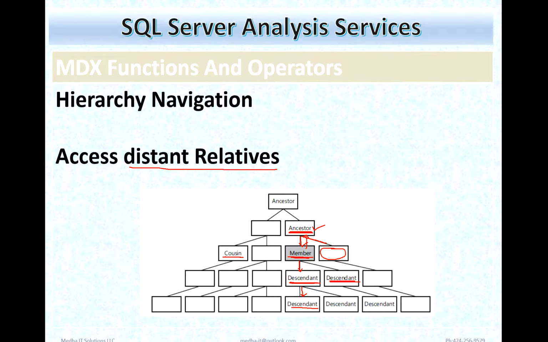But in this case, this member is not a direct child of this ancestor or this parent. So, this parent's sibling's child is the cousin. That is the distant relative terminology, and MDX provides different functions to access these members.